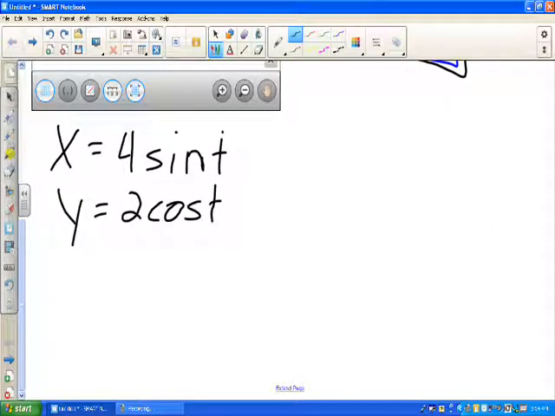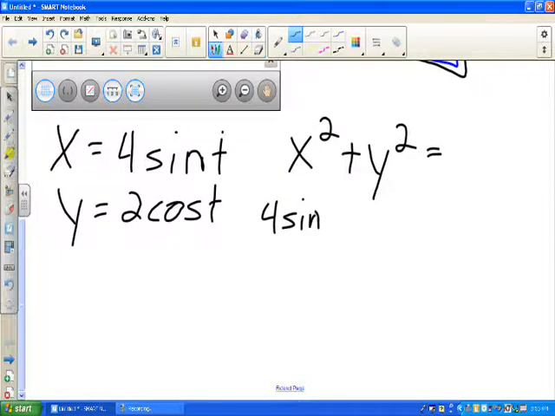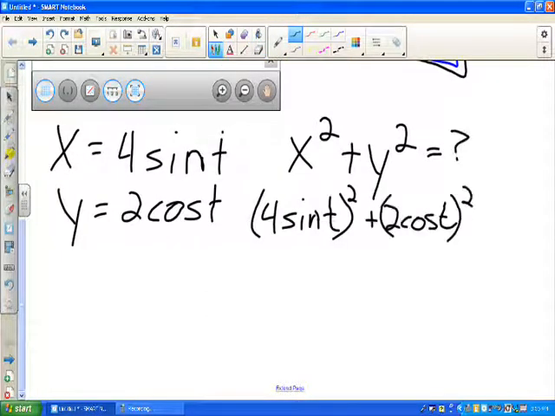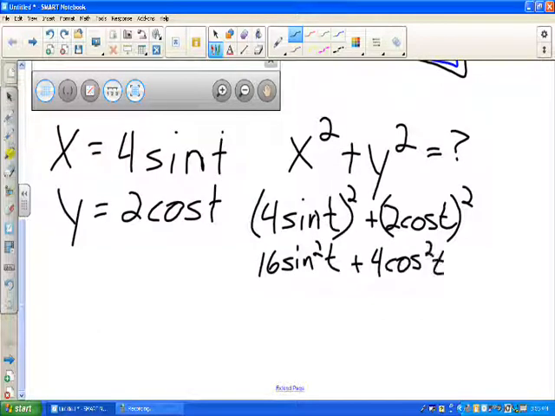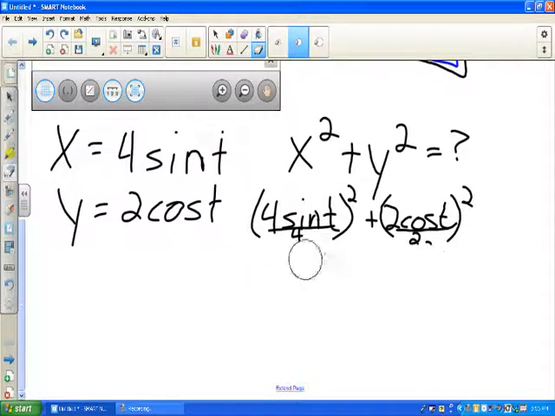So now we need to find the Cartesian equation. Whenever we have something that looks like an ellipse, we might think to ourselves, x squared plus y squared equals some number. We know that there are some components that go on the bottom for ellipses.